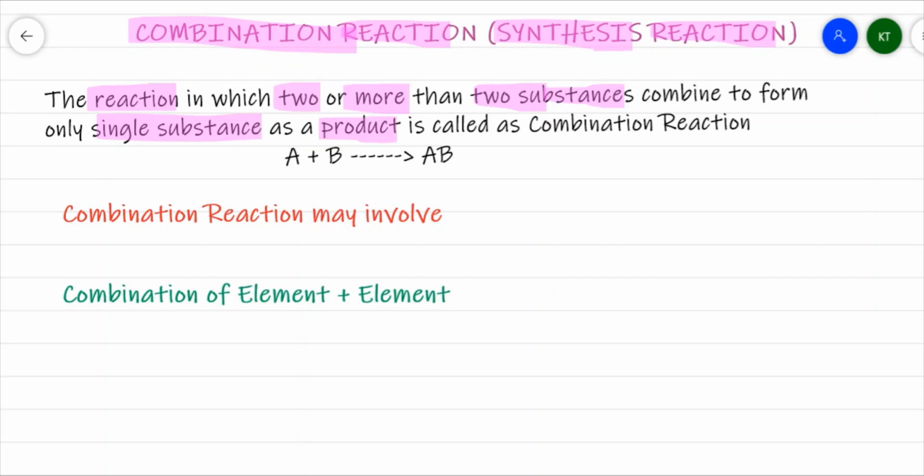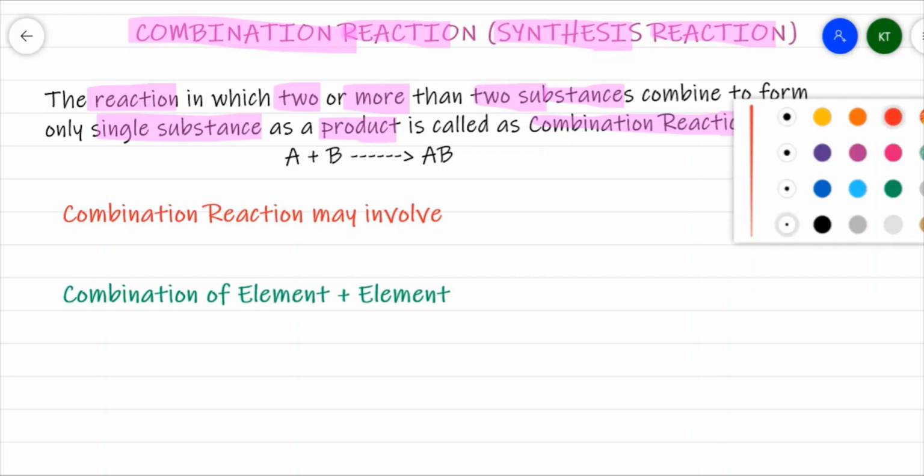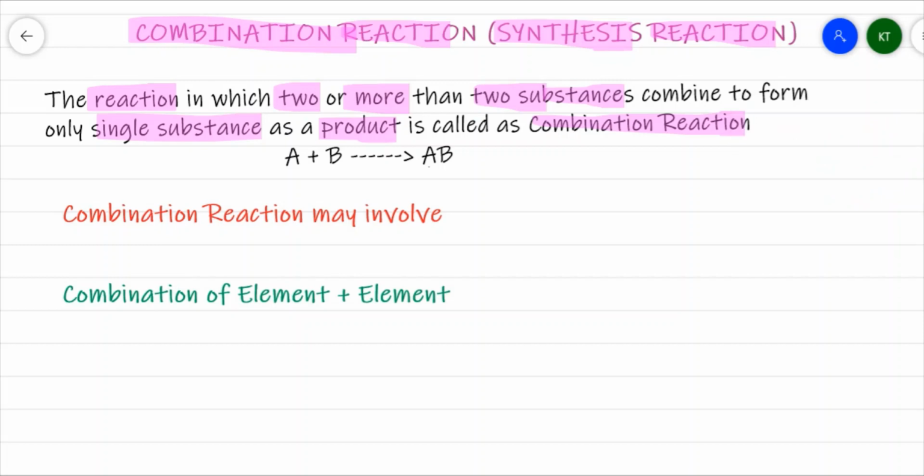That is known as a combination reaction. So I have A as one substance which combines with B as another substance and gives me AB as a single product.